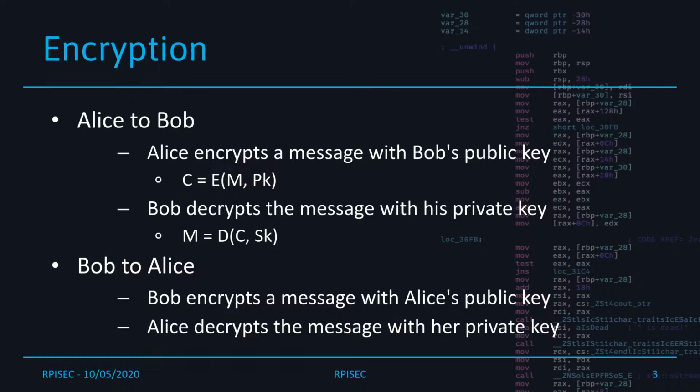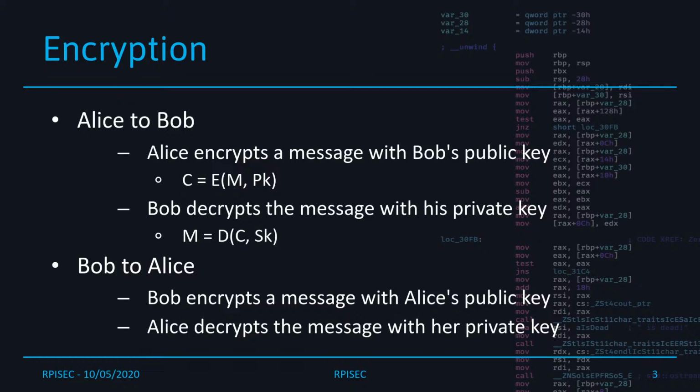So for example, with encryption, let's say Alice wants to send a message to Bob. Now, Bob and Alice will have both generated a public and private key, and to send a message to Bob, Alice will use his public key to encrypt a message into a ciphertext. And then she will send that off to Bob.